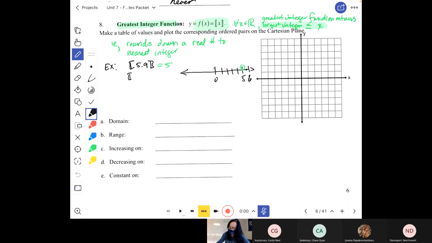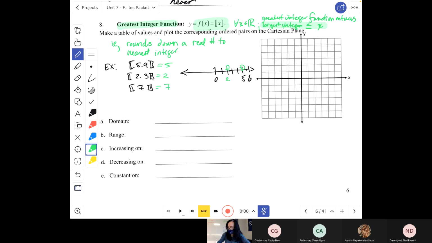Okay, what if I give you 2.3? So I go to 2.3, I'm here, I'm rounding down. What's the nearest integer below that? Okay, good. What if I give you 7? It just would be 7, right? Okay, here we go.